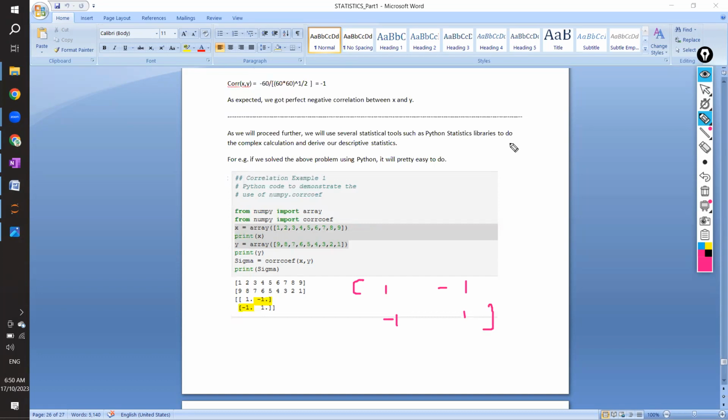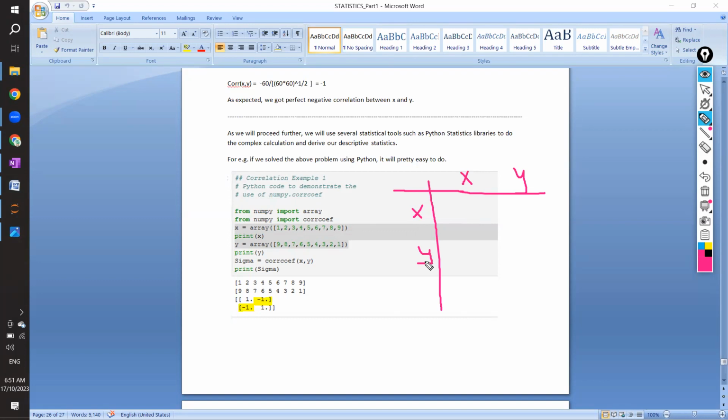We have two values, X and Y. The way this is created is that the table should be read like this. The correlation coefficient you are seeing here will be between X and Y. You take X and Y on the x-axis, and X and Y on the y-axis also.